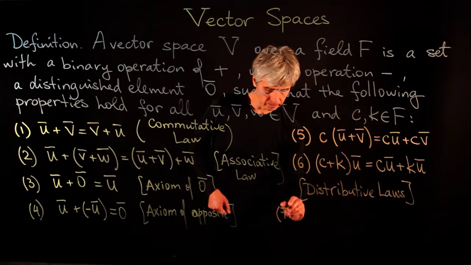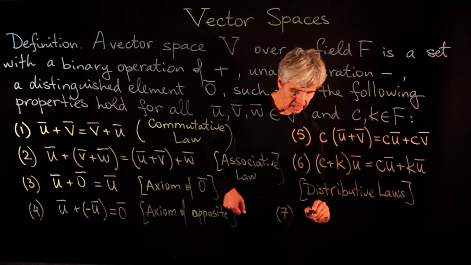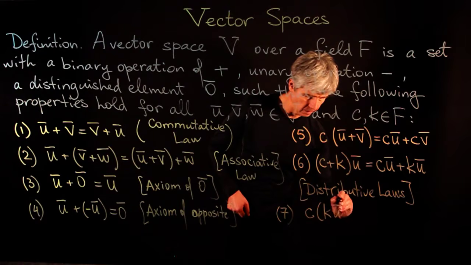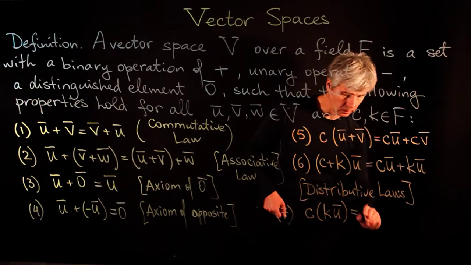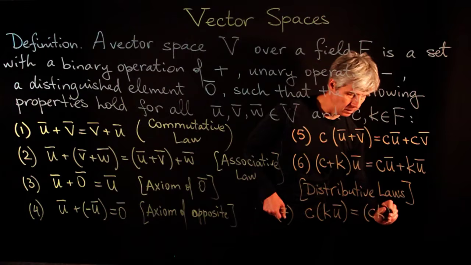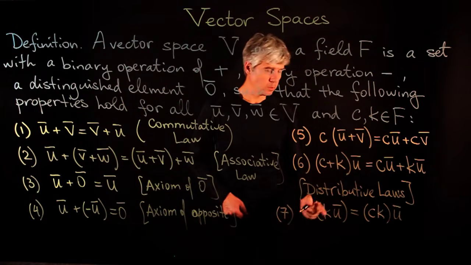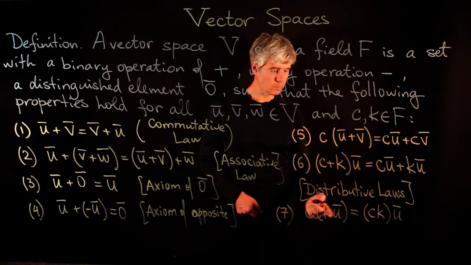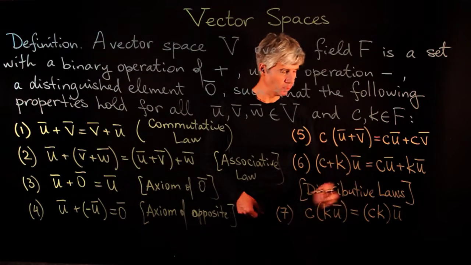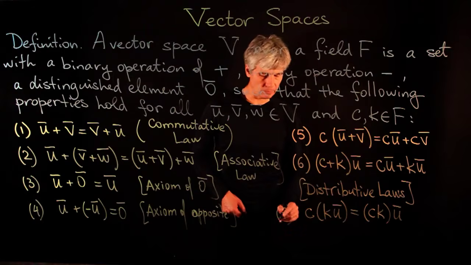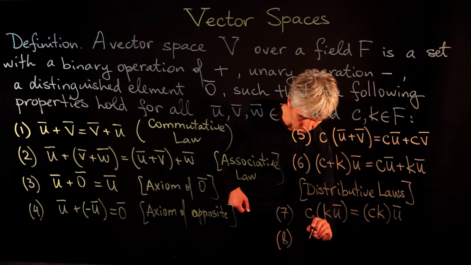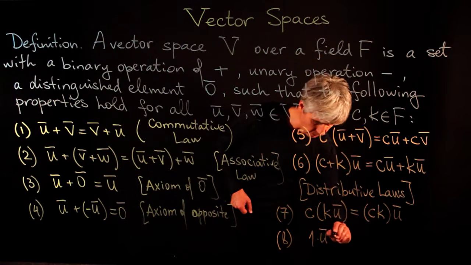Seven. c times ku is equal to ck times u. So c and k are elements of the field, and so here we can multiply 2 elements of a field here. And the last axiom is that 1 times u is equal to u.